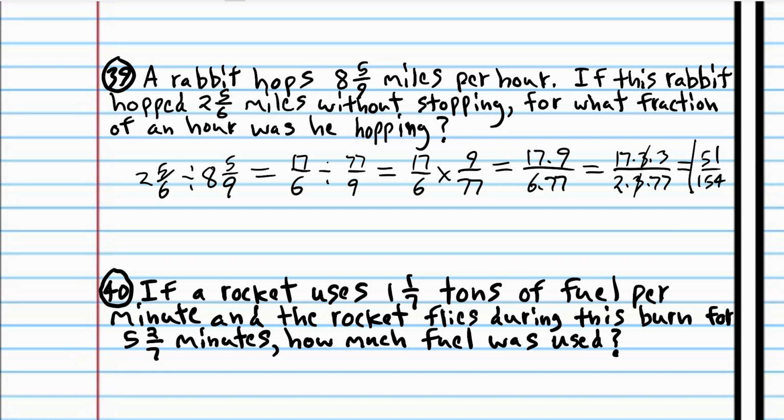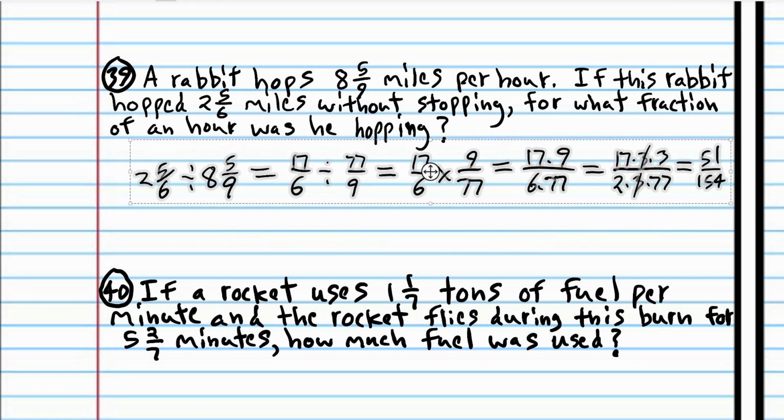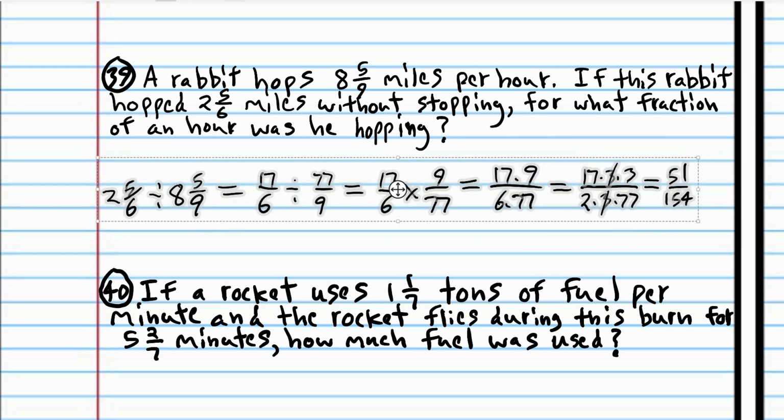So I'm tempted to rectangle that, but I can't because I haven't put the units yet. So let's move this over a little bit. So 51 over 154. And what are the units? I'm just rechecking my calculations there.